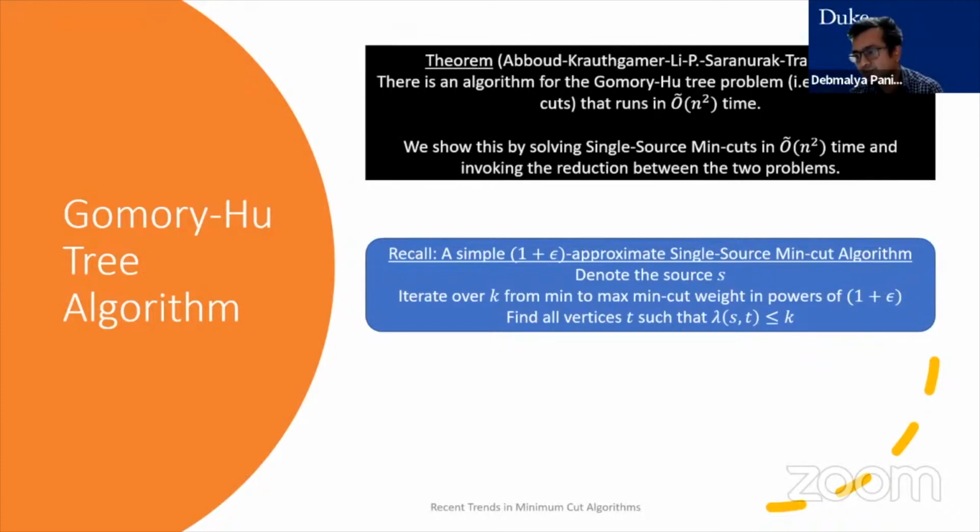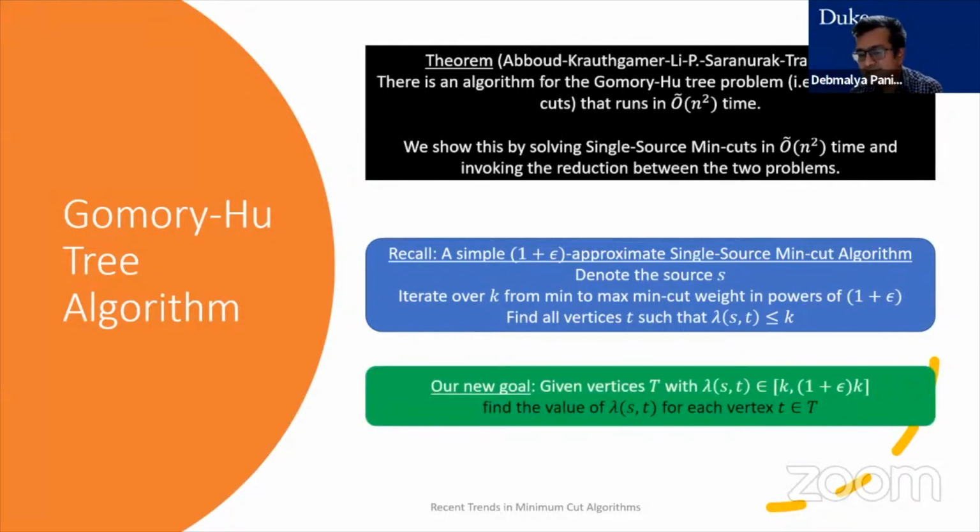At each level, we were solving cut threshold. Using just the fact that we can solve cut threshold, we can partition the vertices into these blocks where we have figured out all the vertices whose connectivity is between 2 of these levels. So between, let's say, 1 plus epsilon to the i and 1 plus epsilon to the i plus 1.